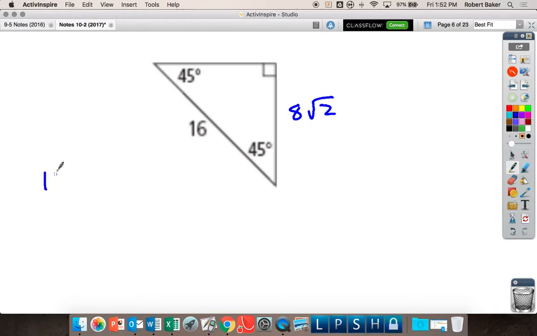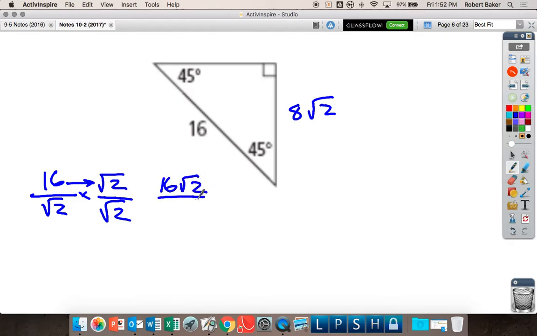So let's try it. 16 divided by the square root of 2, multiplied by 1. It's a rationalized 1. So multiply this way. 16 times the square root of 2, 16 square roots of 2. The square root of 2 times the square root of 2 is 2. And 16 divided by 2 is 8. Yay, it worked. So you can take the long way, you can take the short way, doesn't really matter.